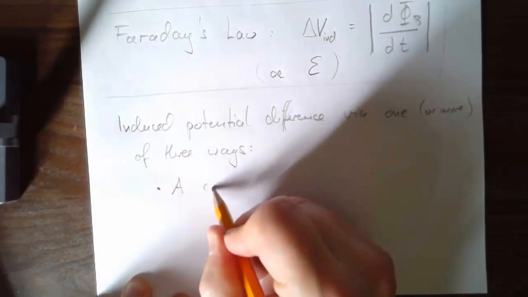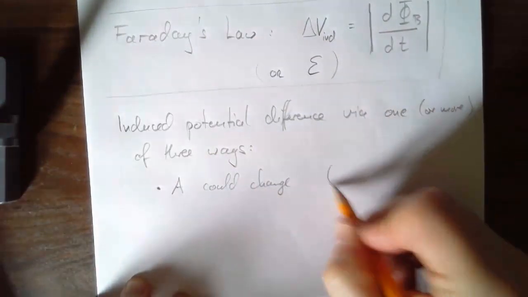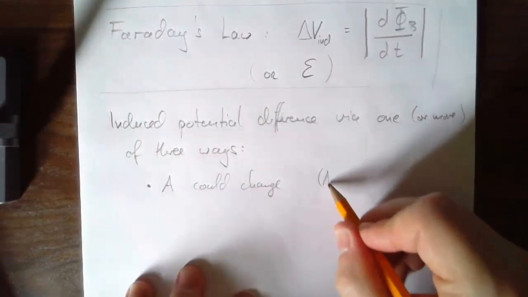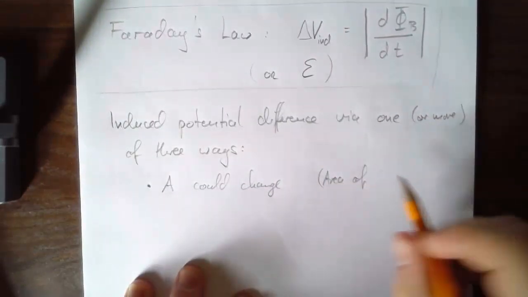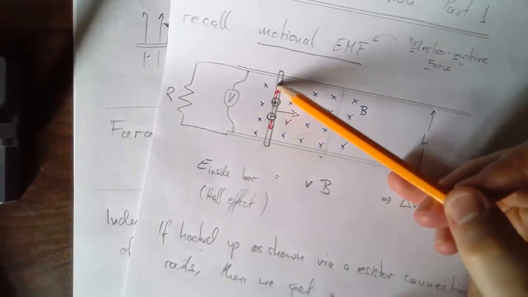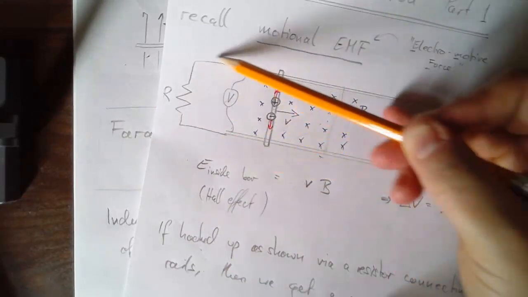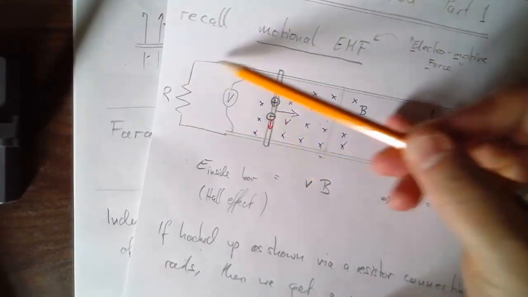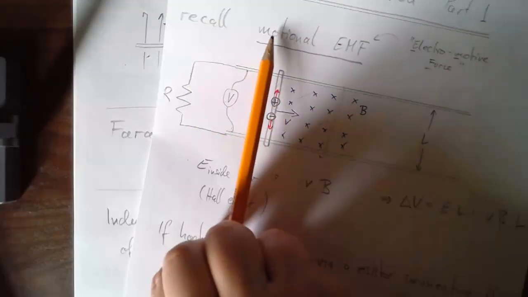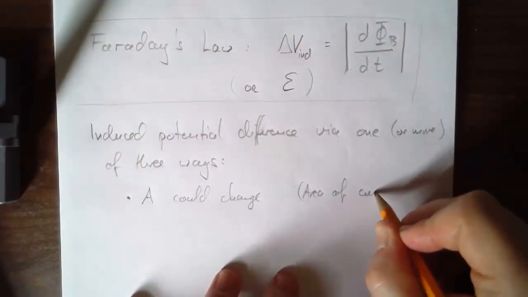A could change. It would be the area of my loop, my circuit, this closed conducting circuit, this loop. It could change the area by just moving the bar further right. Area of the current loop.